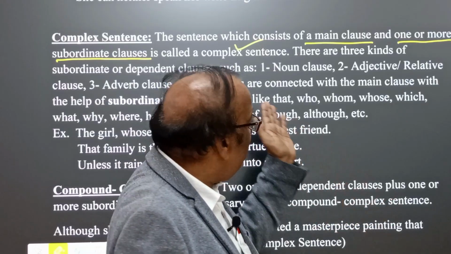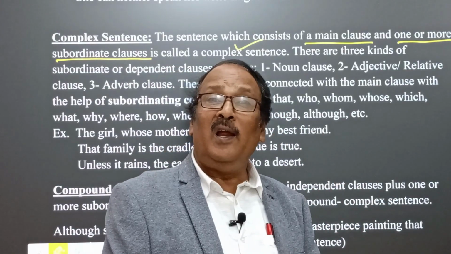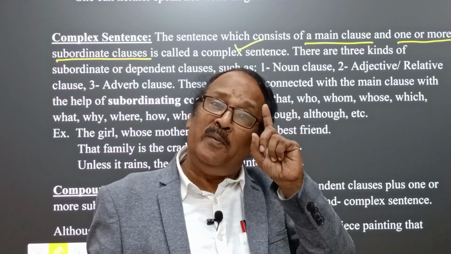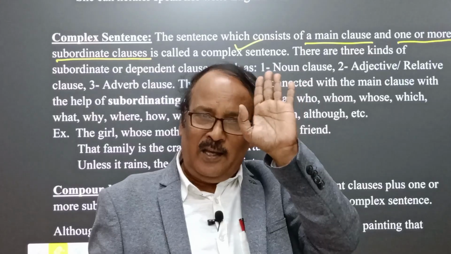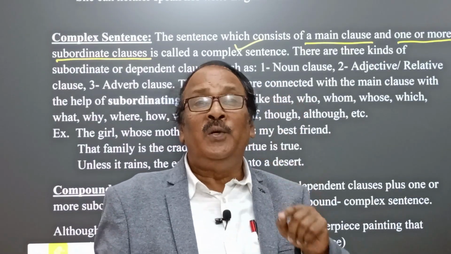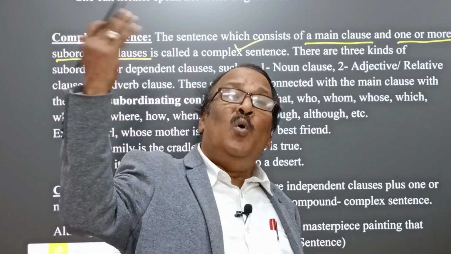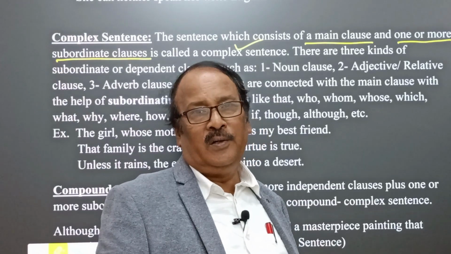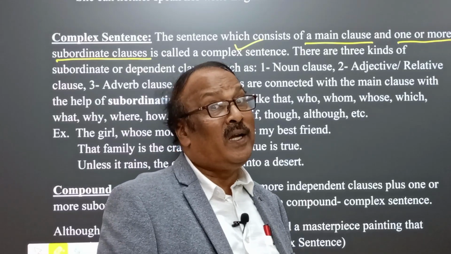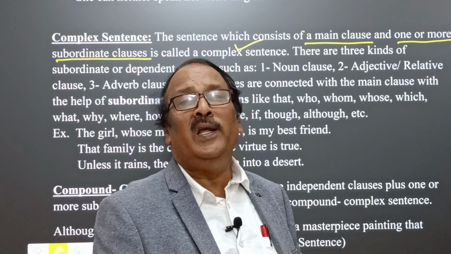But in a complex sentence we find one main clause, or principal clause, independent clause, whatever you may say, and two or more subordinate clauses which are connected with a subordinating conjunction.